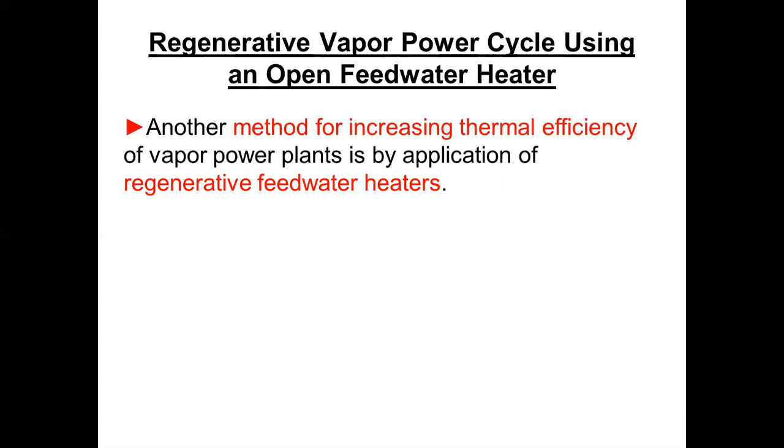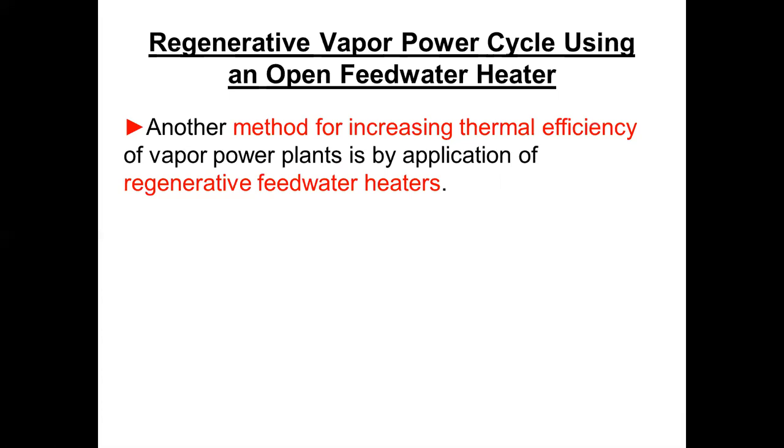We talked about that earlier. Remember, if we increase the average temperature during the heat addition, we increase the cycle efficiency, keeping the condenser temperature the same. Or if we keep the heat addition the same and lower the average temperature during the heat rejection to the river, the lake, the air, wherever we're dumping the waste heat, that also increases the thermal efficiency.